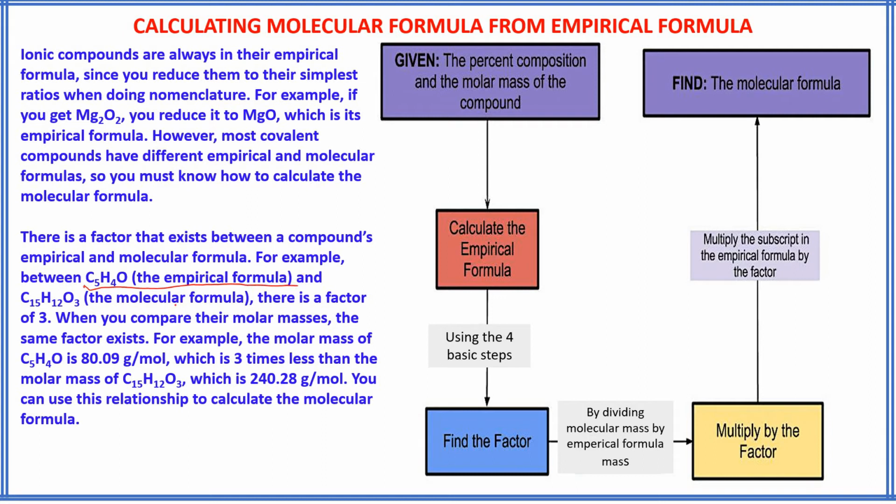Now, what will be the molecular formula? We have a formula. Molecular formula is always equal to n factor into empirical formula. Now how do you find this n? n is equal to the molar mass of the molecular formula divided by the molar mass of the empirical formula.